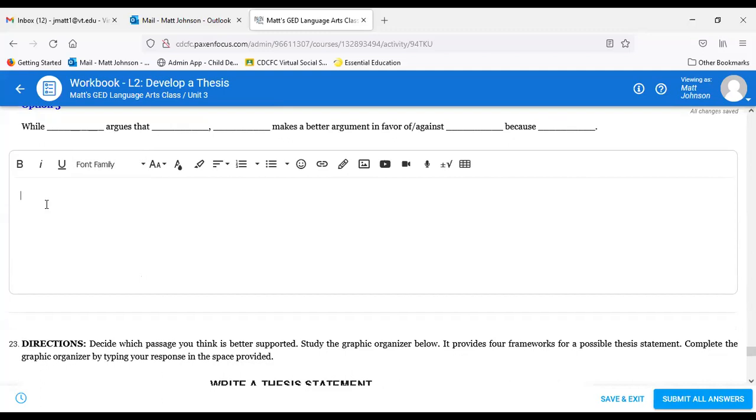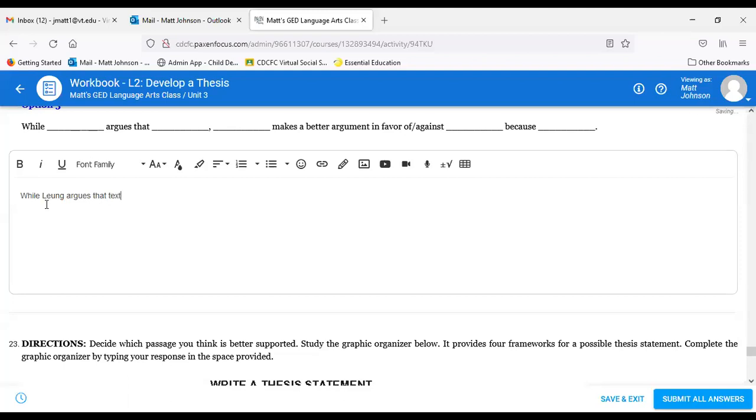Okay. I'll go ahead. Let me try one here. So we'll use Clement again as the stronger argument. So we'll say while Liang argues that texting helps, like in communication.